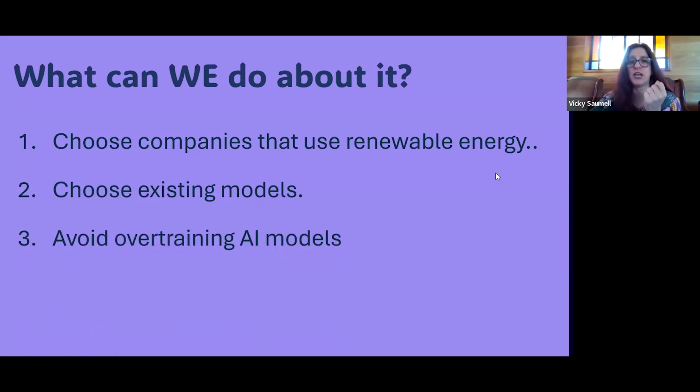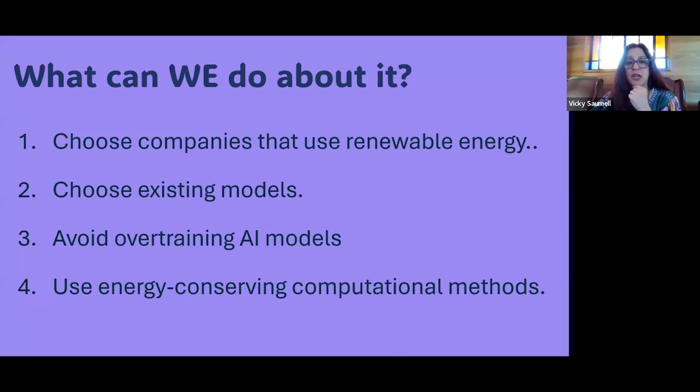Avoid overtraining AI models, as sometimes overtraining is unnecessary. And use energy conserving computational methods, so again, using energy efficient computers. That's as much as we can do as individuals.